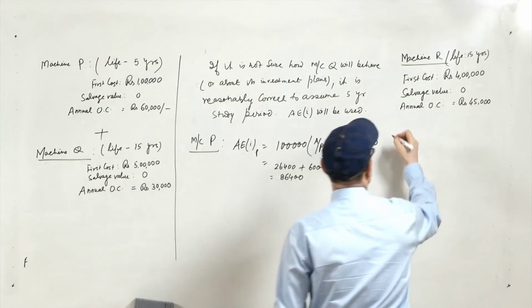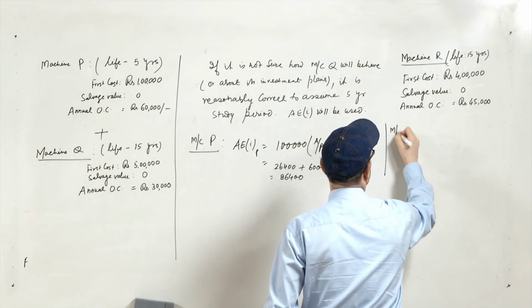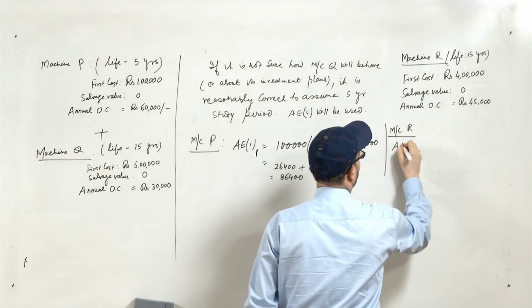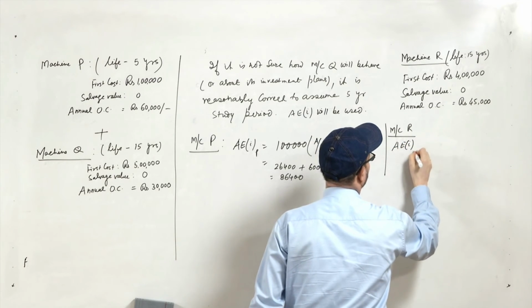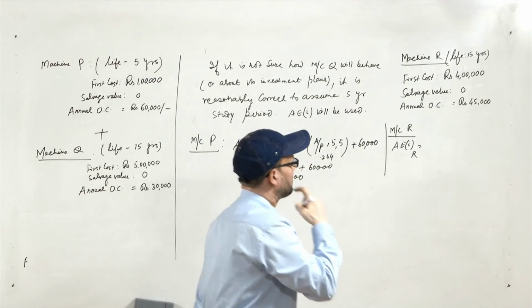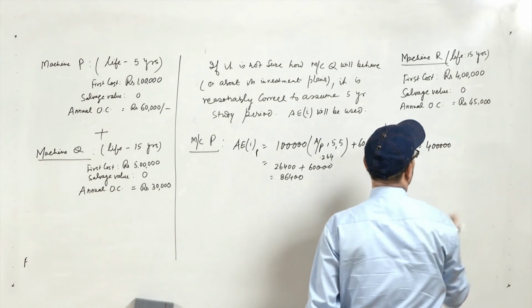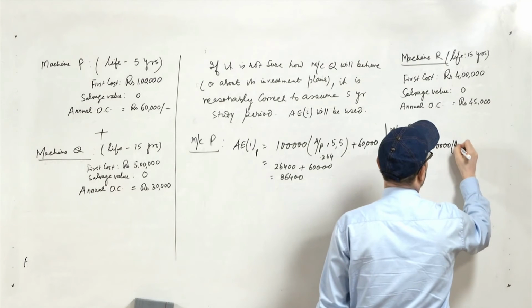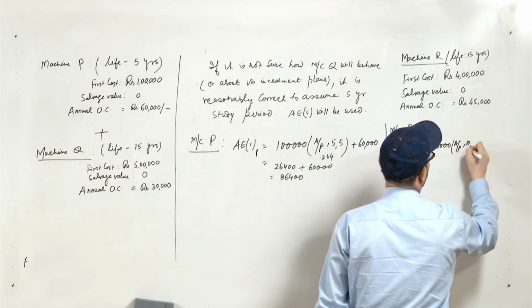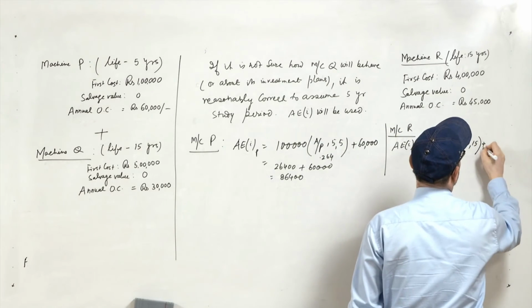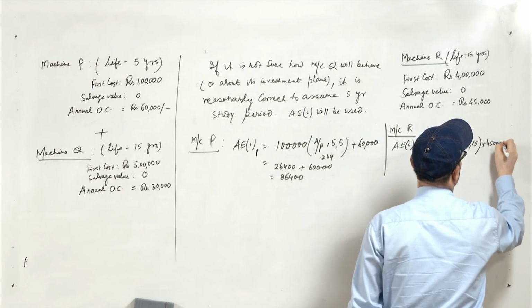Now, if we take machine R, the annual equivalent value for machine R will be 4 lakh A by P 10, 15 plus 45,000.